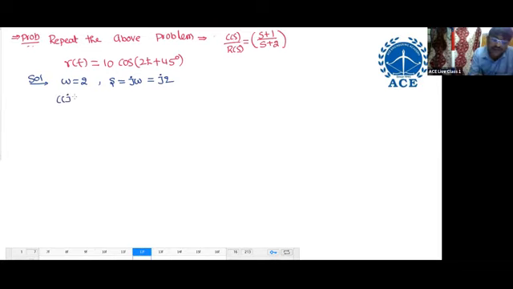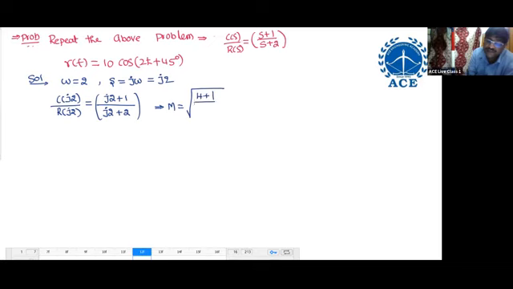So C of j2 by R of j2 equals j2 plus 1 by j2 plus 2. Now write the magnitude: root of 4 plus 1 by 4 plus 4, root of 5 by 8.